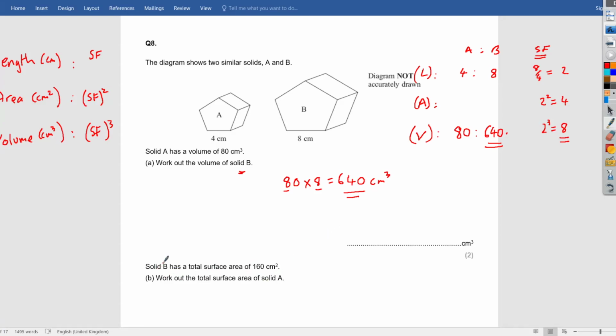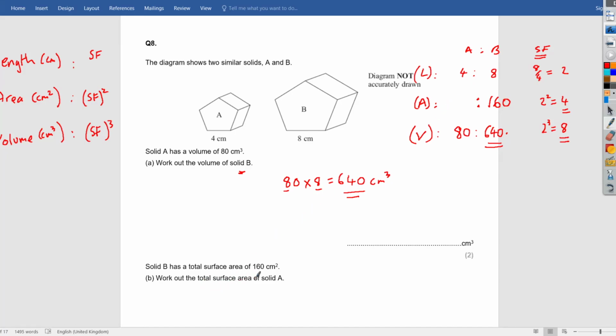Now, it goes here. Solid B has a total surface area of 160 centimeters squared. So I'm going to go back here. It's always important to put this just in case it comes further down in later questions. So my surface area for B is 160 centimeters squared. Now this is area, so the scale factor for area is 4. That means the area of my larger shape is 4 times bigger than the area of the smaller.